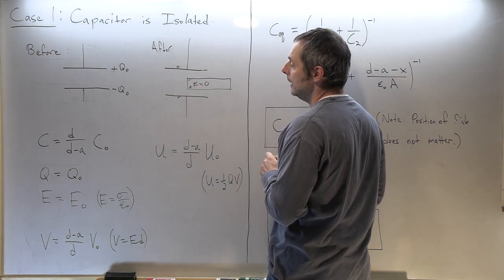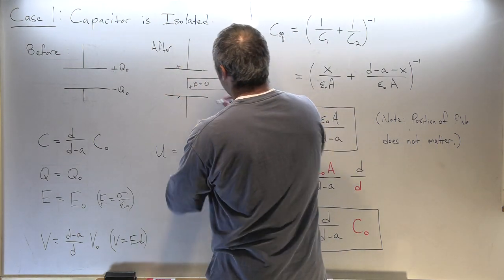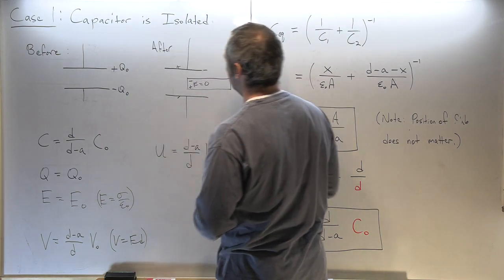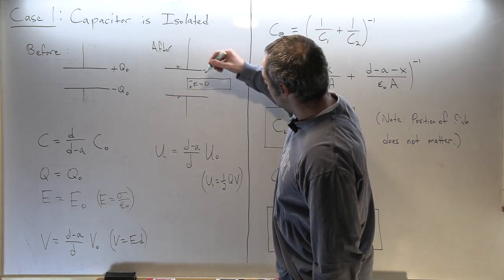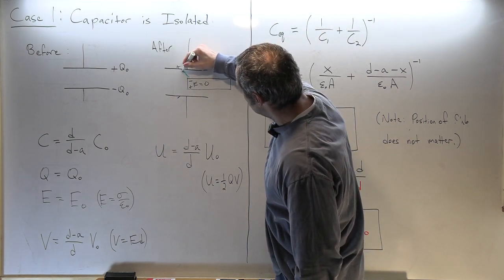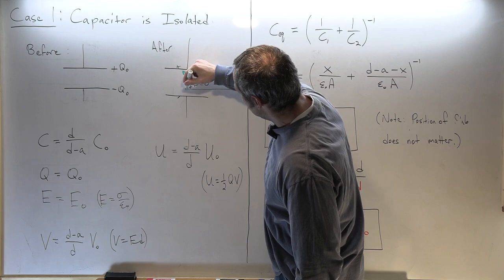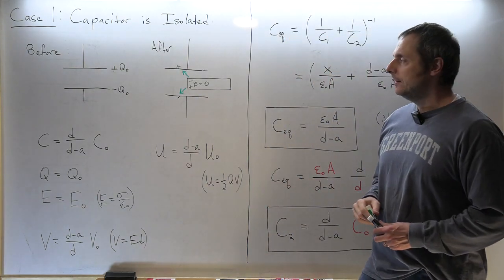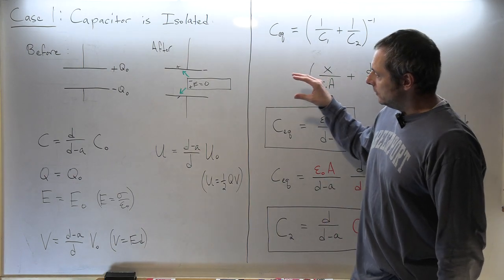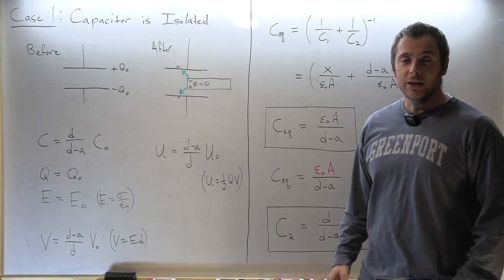Either way you look at it, they're going to end up near the top of this metal plate. And now if you think about forces, this is attracted this way and this is attracted this way as it's coming in. And so this then has a net force inward.